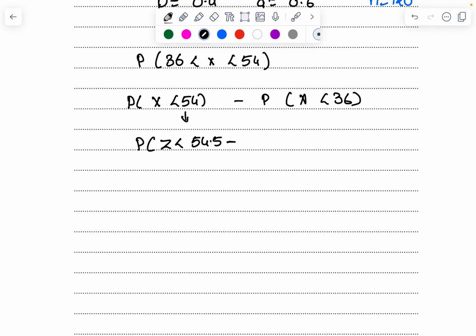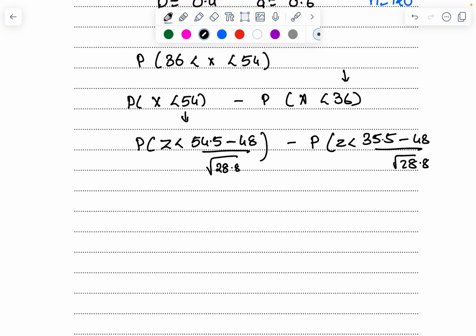What is mu? 48, by sigma, square root of 28.8, minus probability of z less than. For this one, I should be taking it as 35.5, anything less than 35.5 minus 48 by square root of 28.8.